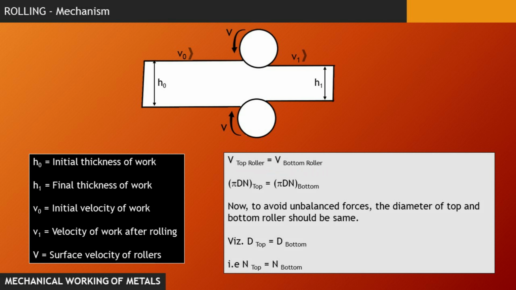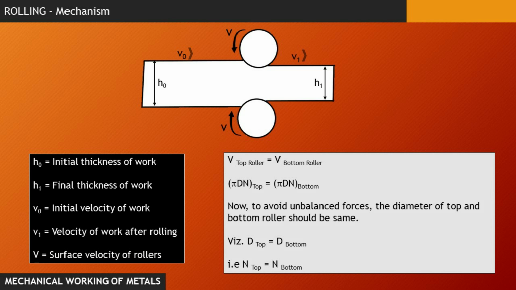Or we can say pi DN of the top is equal to pi DN of the bottom. Now again, to avoid unbalanced forces, the diameters of the top and the bottom rollers should also be the same. And hence, in essence, the revolutions per minute for the top and the bottom roller should also be the same.